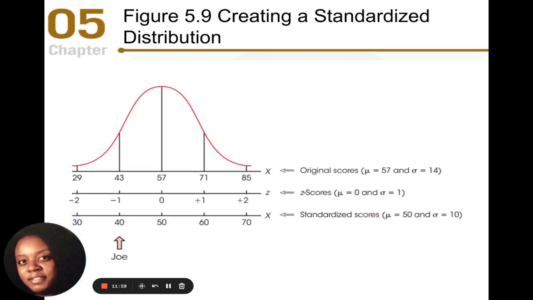The original distribution was standardized to produce a distribution with a mean of 50 and a standard deviation of 10. And each individual is indicated by an original score, a z-score, and a new standardized score. For example, Joe has an original score of 43, a z-score of -1, and a standardized score of 40.